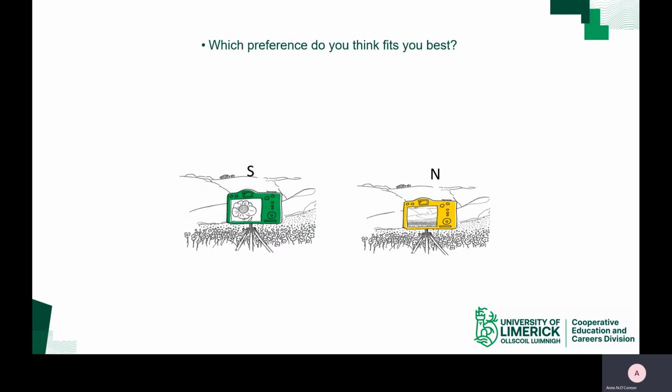So back again, which preference do you think fits you best? Write down on a piece of paper, is it S or N? And again, don't worry if you're unsure, it may become clear to you later, or maybe you just need a little bit more time to observe.